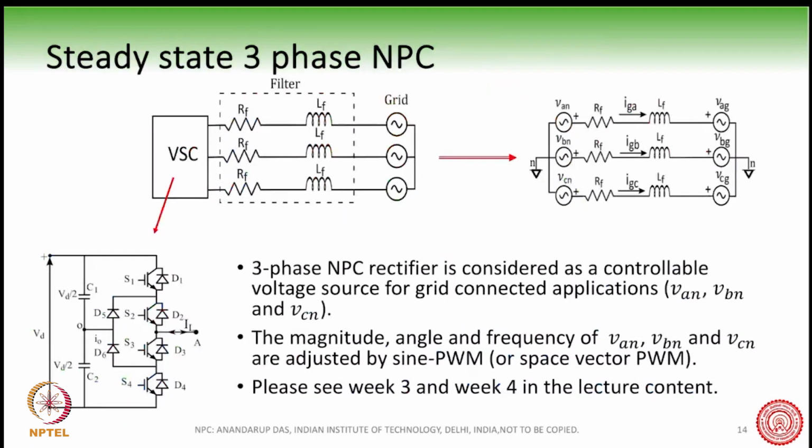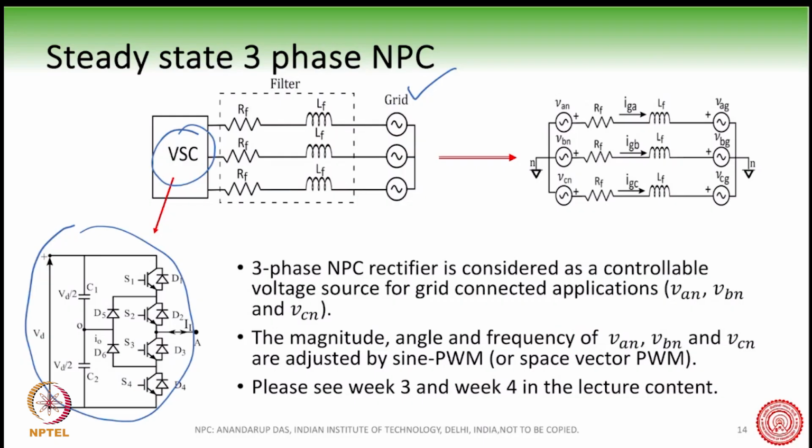Now, after studying a little bit of the circuit diagram, we can now say that, just like a two-level VSC, so this is the VSC here, which is connected to the grid. Okay, and this VSC, instead of a two-level, now we have a three-level VSC.